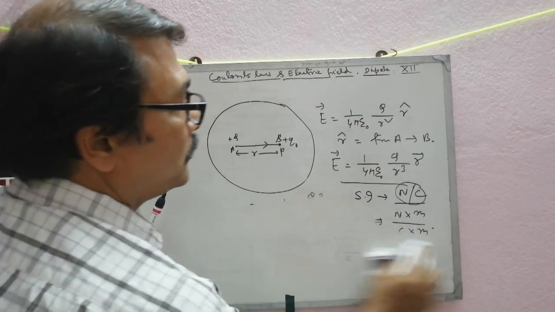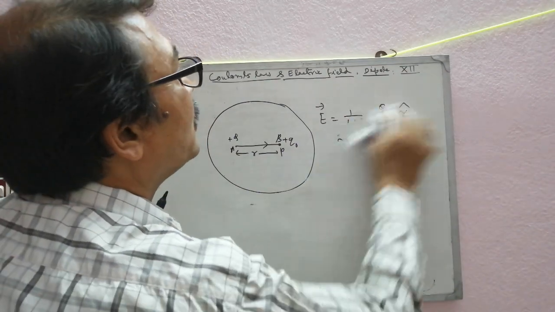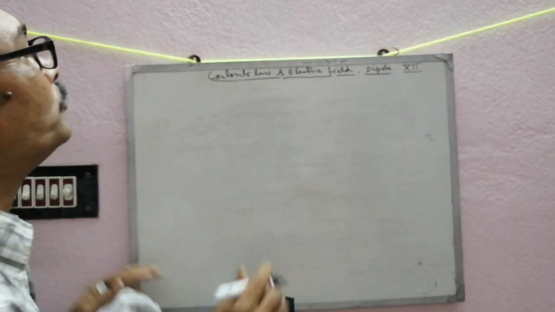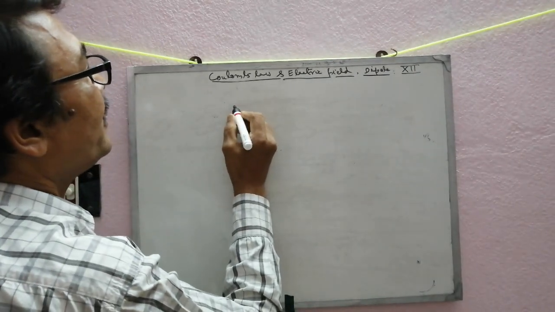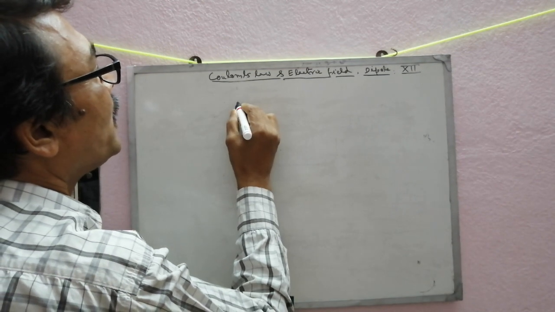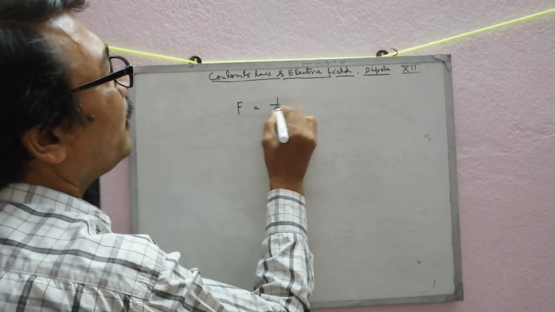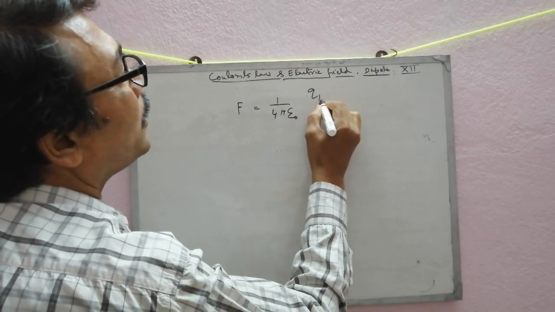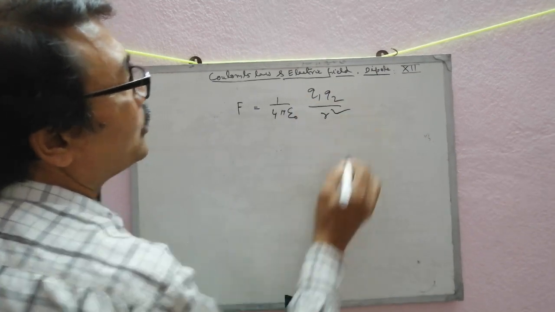Now, from Coulomb's law, again I return back to Coulomb's law, F equal to 1 by 4 pi epsilon naught Q1 Q2 by R square.